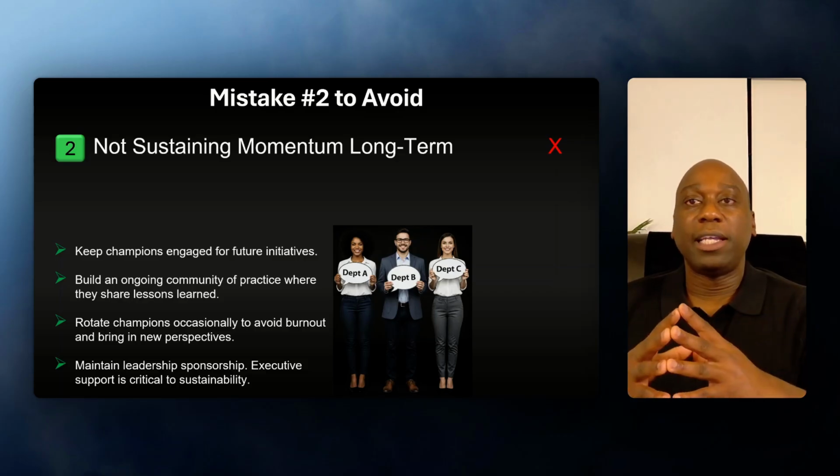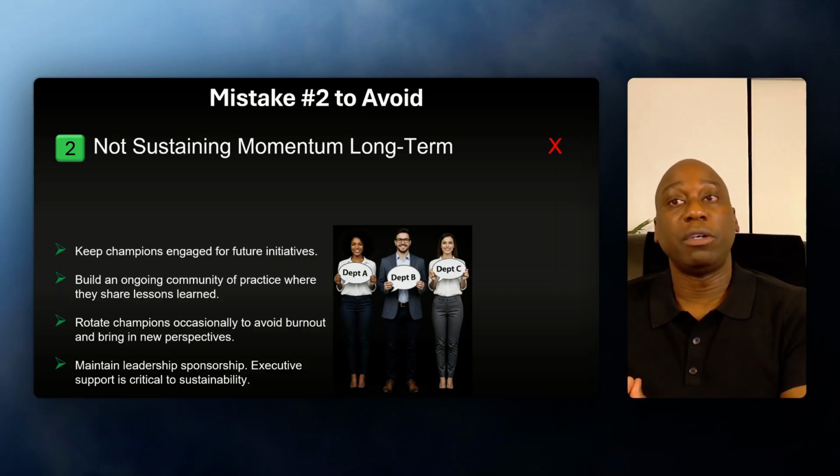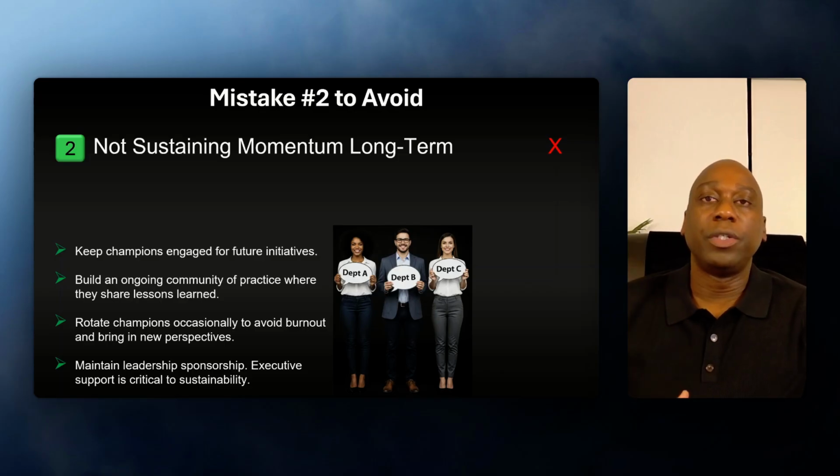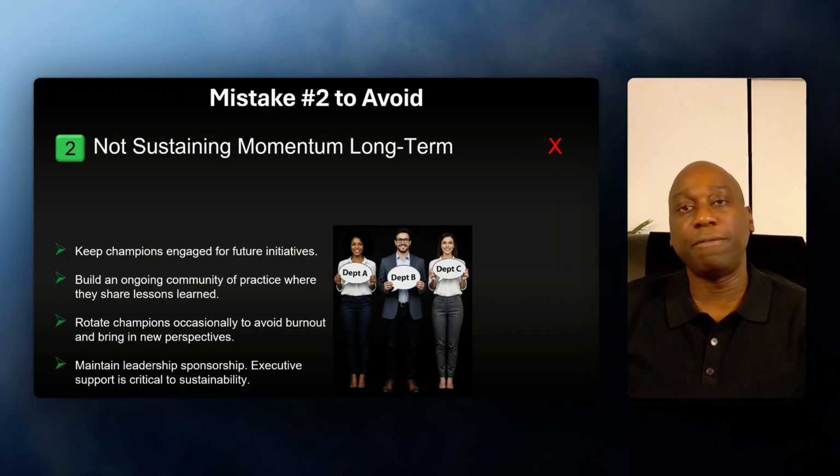Part of that is building an ongoing community of practice where champions can be sharing lessons learned since the last time you met. That could have been a month ago or a quarter ago. What have they learned? What can be done to help improve future champion network activities for future projects, right? Keep that ongoing.